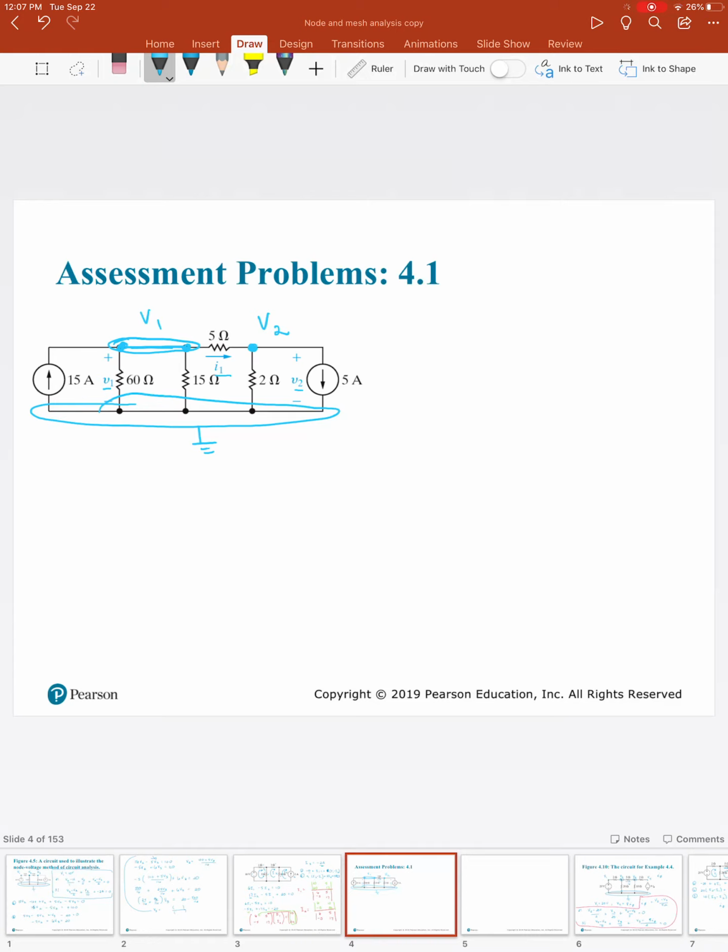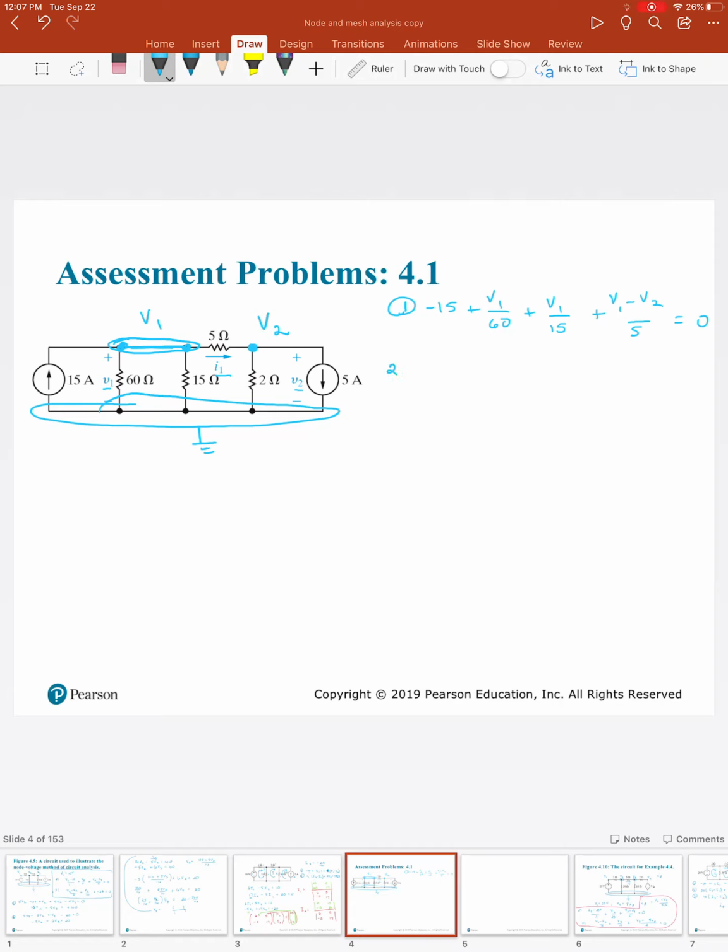First, let's write the node equations, which in this case will be very simple because we have no voltage sources, no dependent sources, nothing like that. So we'll have minus 15 amps plus V1 over 60 plus V1 over 15 plus (V1 minus V2) over 5 is equal to 0.